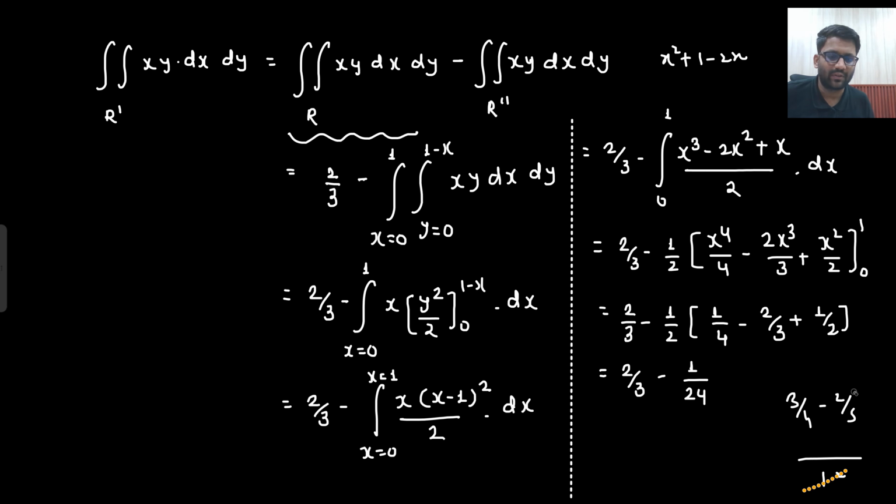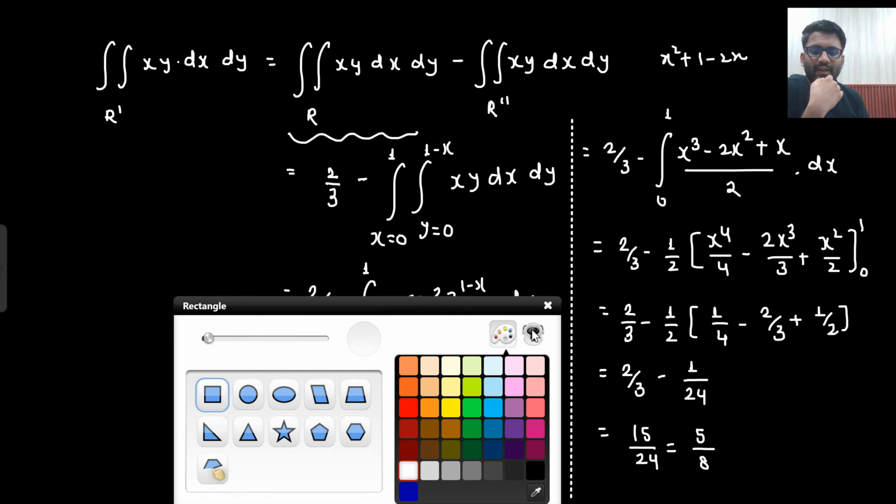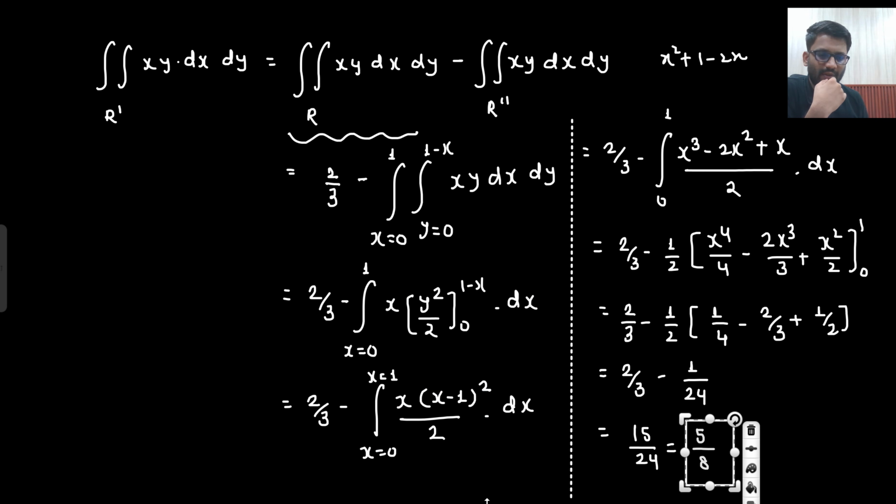Yeah, 1 by 12, so 1 by 24. 15 by 24, 5 by 8. This is the answer we are getting. Okay, 5 by 8 is the answer we get. I hope there is no calculation error. So 5 by 8 is the answer you get.